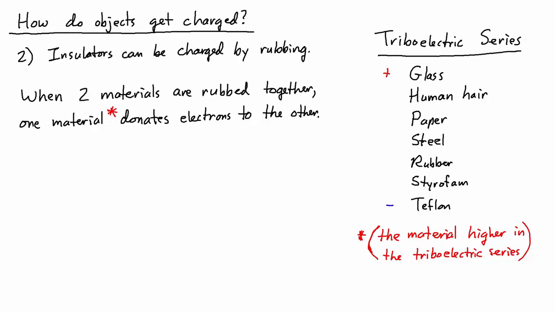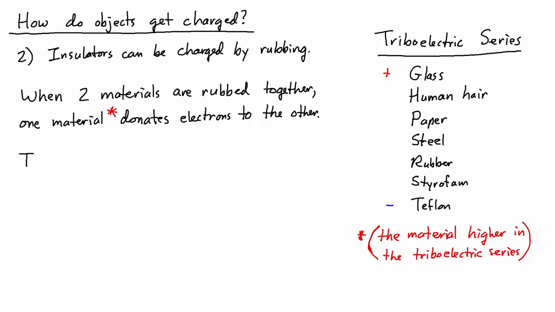So if you were to take rubber and Teflon, for instance, because rubber is higher in the triboelectric series, it basically means that it's more likely to lose electrons when it's rubbed with Teflon. Teflon is more likely to retain the electrons. So between rubber and Teflon, Teflon would become more negative and the rubber would become more positive.